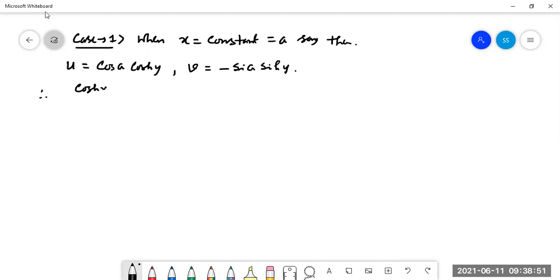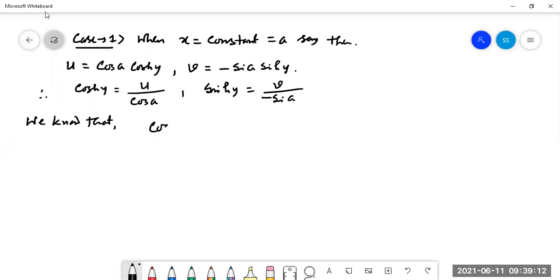So cos hyperbolic y is equal to u by cos a, and sin hyperbolic y is equal to v by minus sin a. We know that cos hyperbolic square y minus sin hyperbolic square y equal to 1.